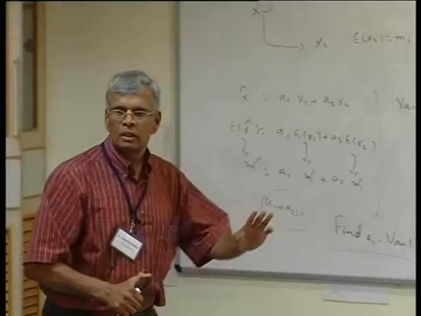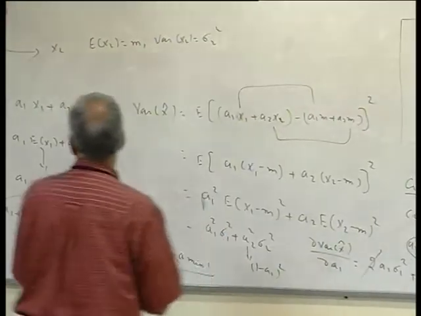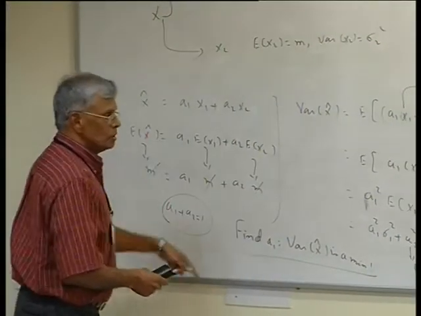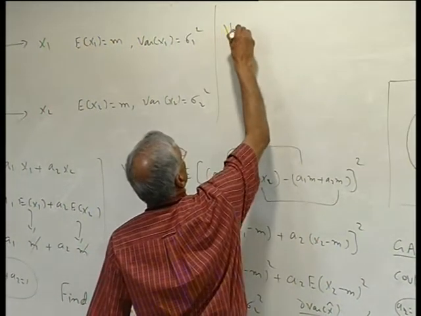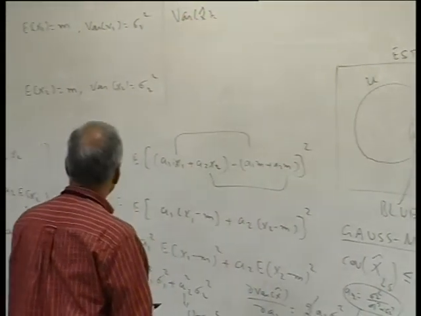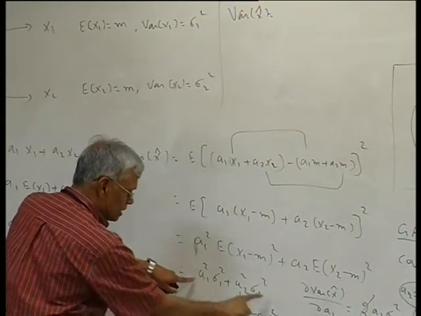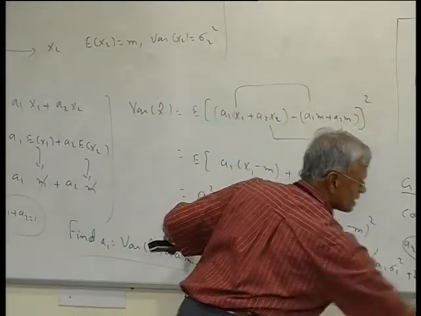How many of you are with me? That's right. So that essentially tells you I have now computed, I have forced it to be BLUE. So what is the variance of x hat? I have to substitute in here. A1 is sigma 2 squared by sigma 1 squared plus sigma 2 squared.